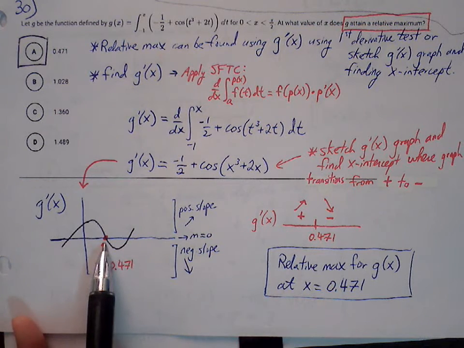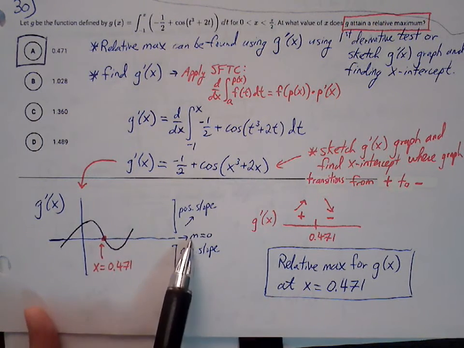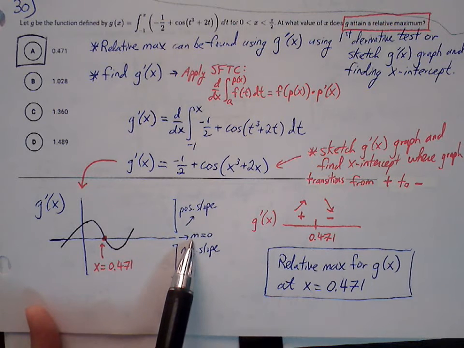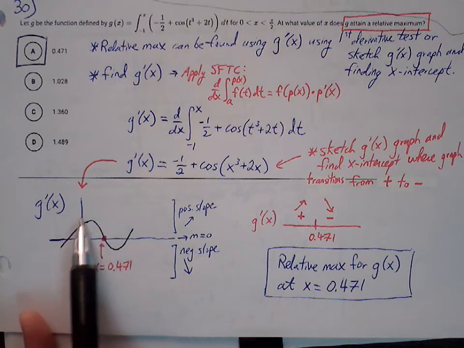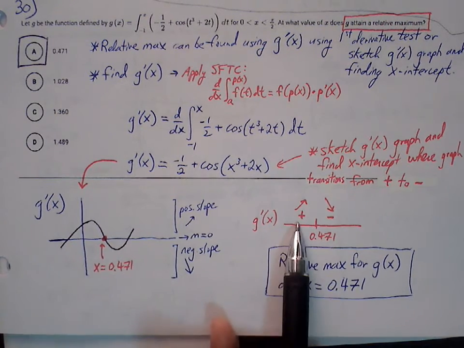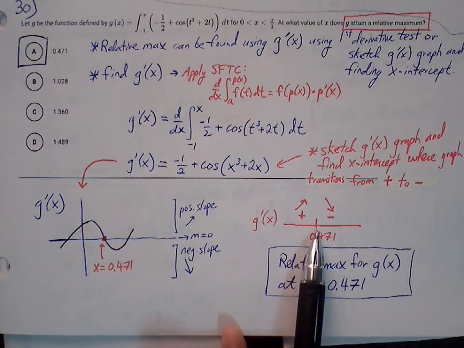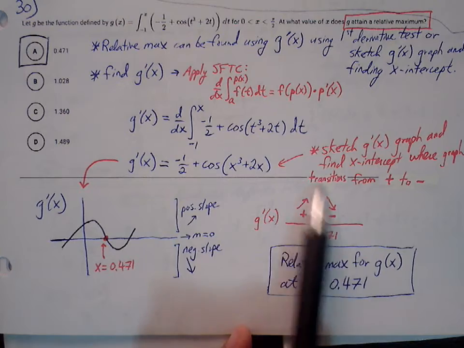Basically, our x-intercepts are going to be places where a potential relative max or relative min can occur, because on a g prime graph, x-intercepts translate to a slope of 0 on the original graph. Anything above the x-axis represents positive slope, anything below represents negative slope. So if you have a positive slope hitting a 0 slope followed by a negative slope, then that graph is going to resemble a relative max.